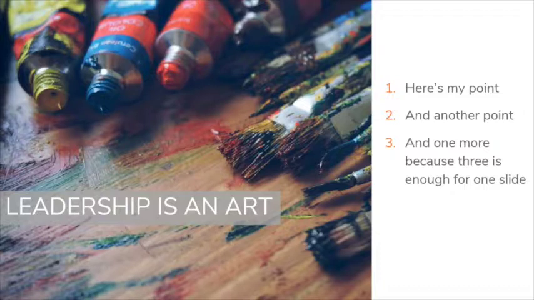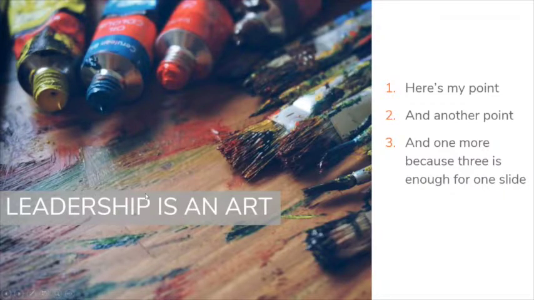Another way to create a beautiful PowerPoint presentation is to put your section header in a different spot. Here, I could have put it at the top up near these paintbrushes. I could have made this picture smaller and had this whole top be the white background with the title on it. Instead, I decided to make it a little more interesting, and I put the section header down here close to the bottom.